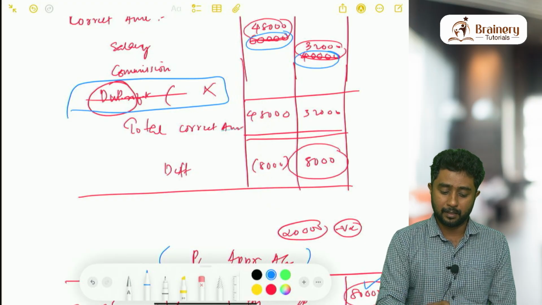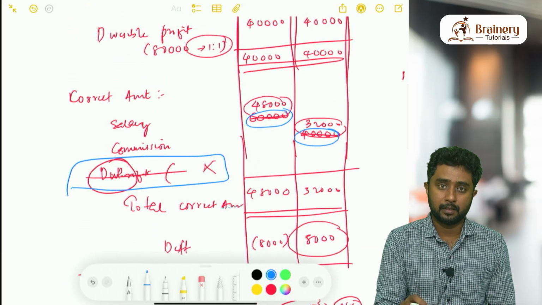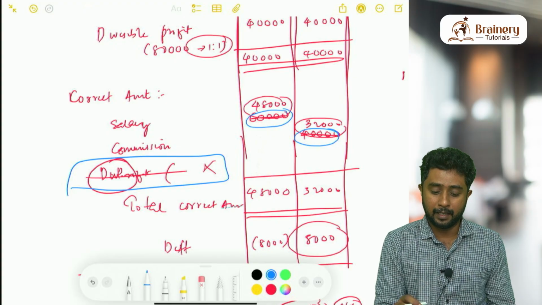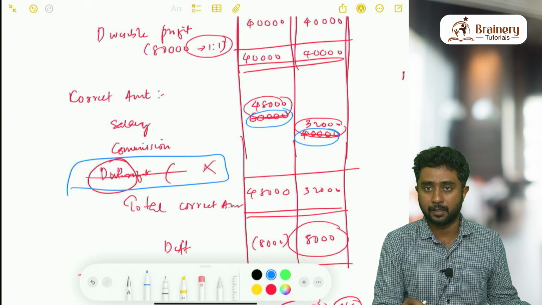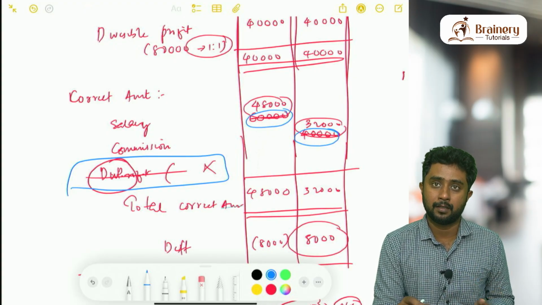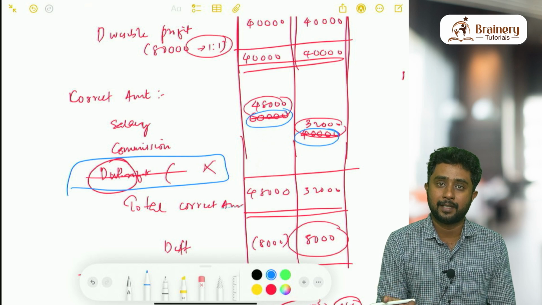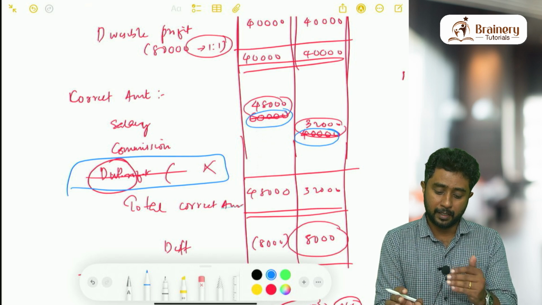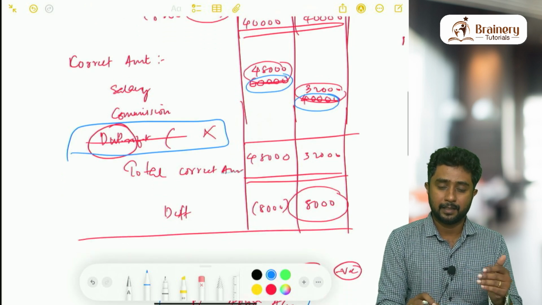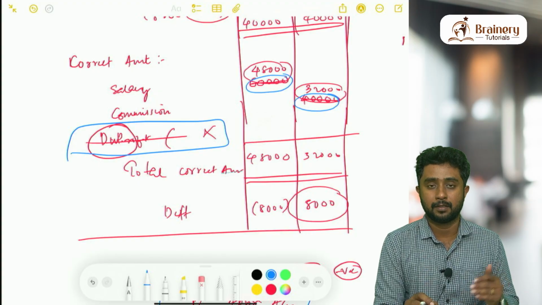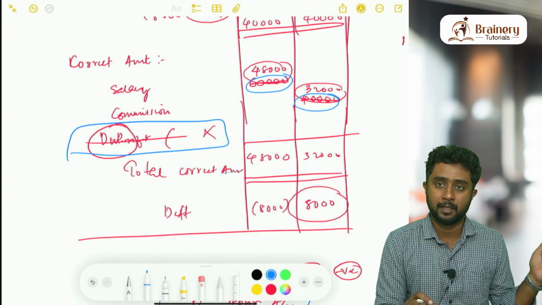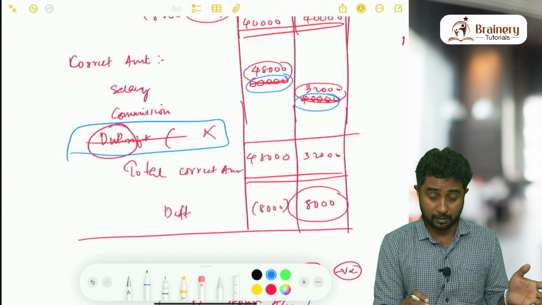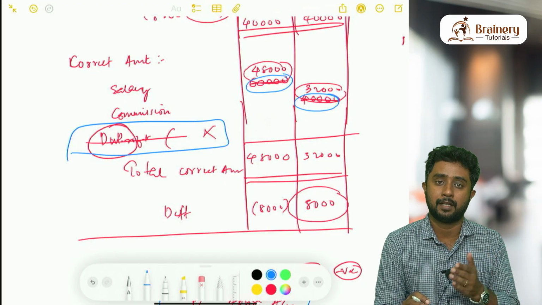So we did that. Now the next step is adding the wrong amounts and adding the correct amounts. The wrong amounts total came as 40,000 each for the partners, and the correct amounts total came as 48,000 and 32,000. The next step is the difference between the total of the wrong amounts and the total of the correct amounts.